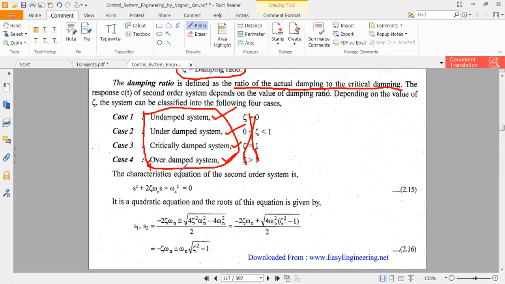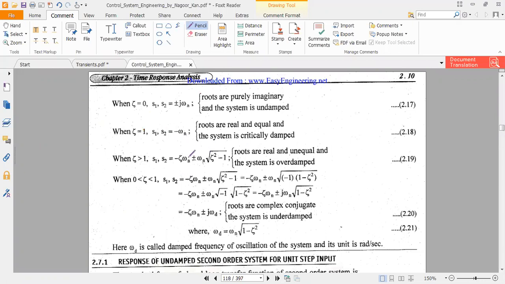Actually, based on the roots also you can say what kind of system it is.